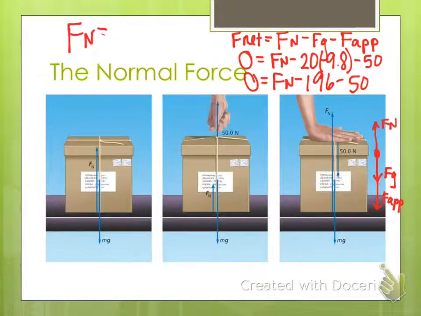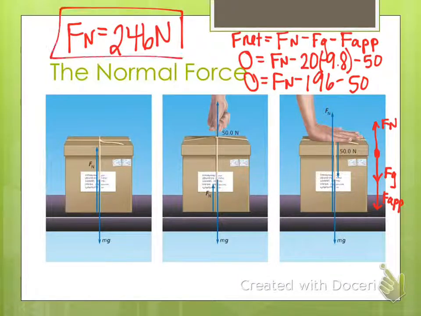So that means when we do the math here and we rearrange our equation, I got a normal force equal to 246 newtons. All right, because I took negative 196 minus 50, and I got 0 equals F sub n minus 246. I add that 246 to the other side, which gives me a normal force equal to 246 newtons.